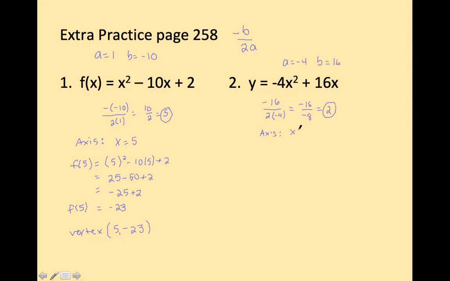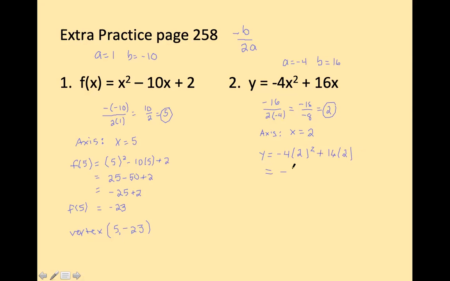X equals 2. To find the y coordinate of the vertex, remember, plug that x value into the equation in place of x. So here's my original equation. Negative 4 times something squared plus 16 times something, and those somethings are getting filled with a 2. Order of operations, square first. 2 squared is 4.